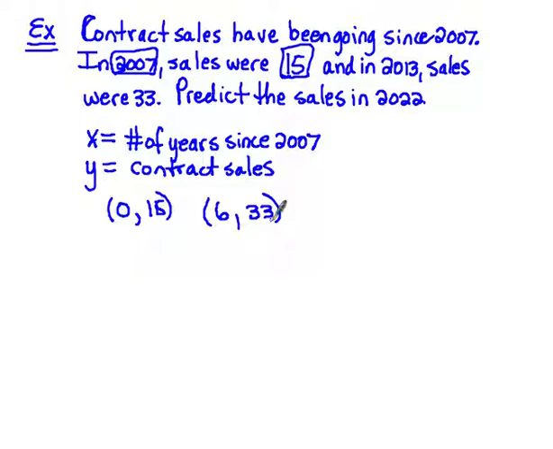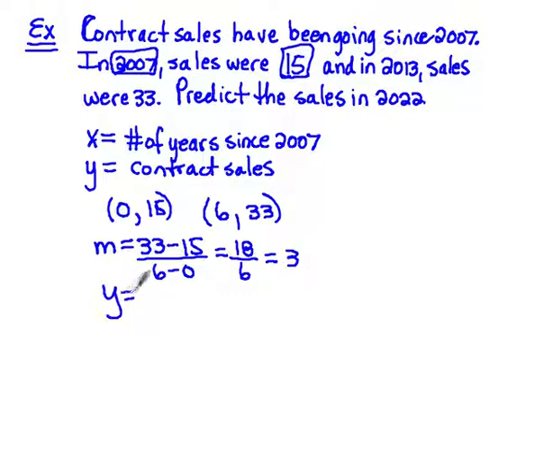Well, I have 2 points there, so I can find the equation of the line. So we need to do the slope. So the slope would be 33 minus 15 over 6 minus 0. 33 minus 15 would be 18. 6 minus 0 would be 6. And 18 divided by 6 is 3. Okay? Now I can go to y equals mx plus b.